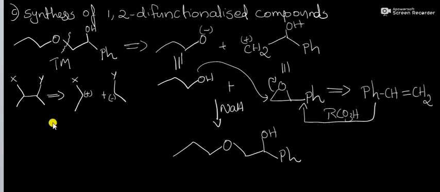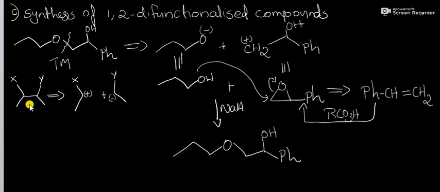Another important point in the case of 1,2 difunctionalized compounds is we can disconnect a carbon to carbon bond which has one heteroatom on each carbon.